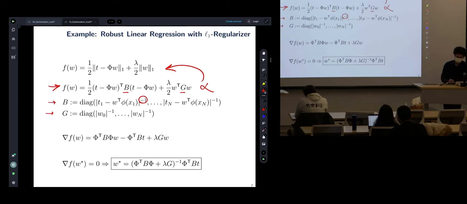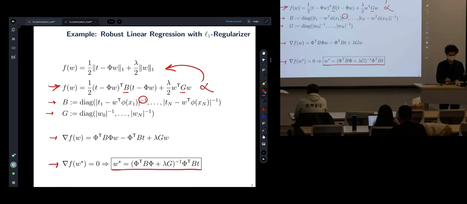With that, we can differentiate. The gradient will be this term here. Calculate the necessary condition, and the solution will be in this form. Now, that is only one iteration.